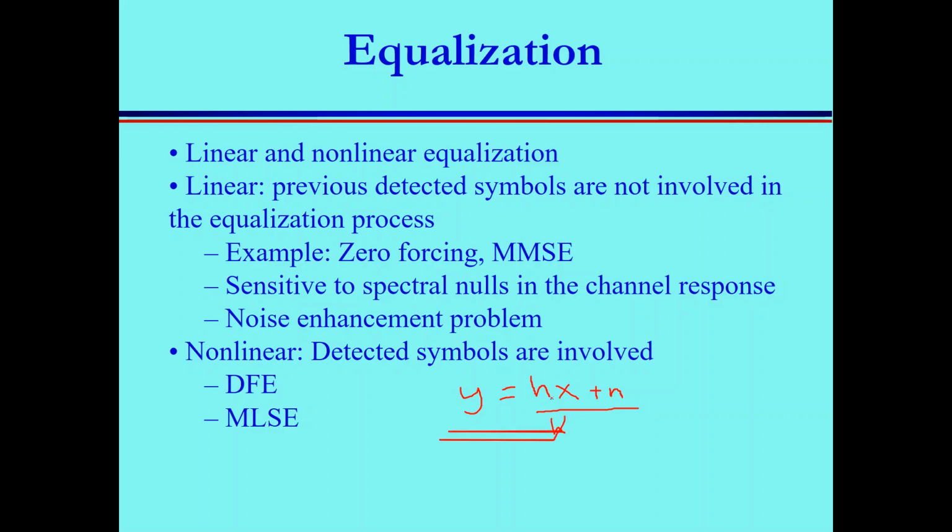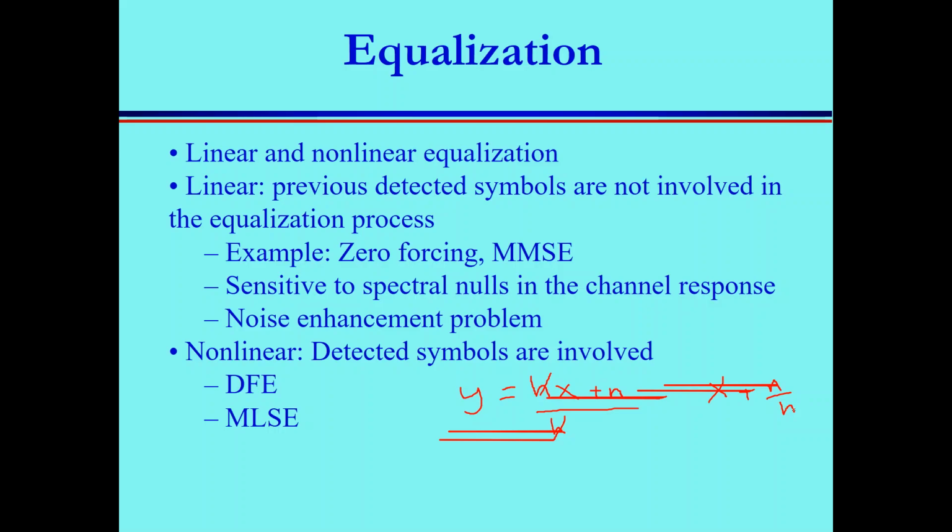Now when you divide by H, H with H goes away. So what do you have left? X plus N over H. Now N is noise over H. You enhance your noise by H. Suppose that the H value here is small, like null, a deep fade.